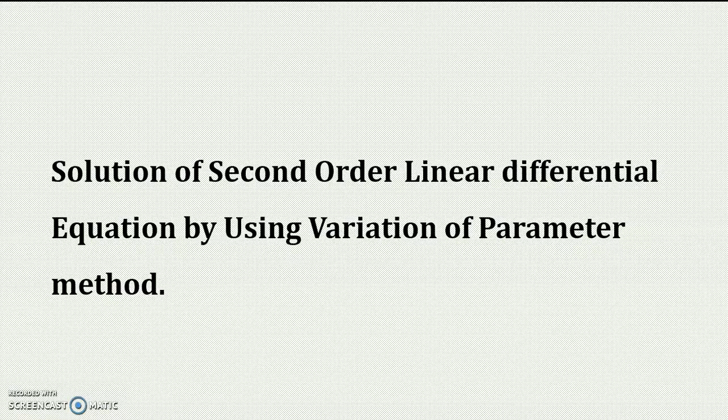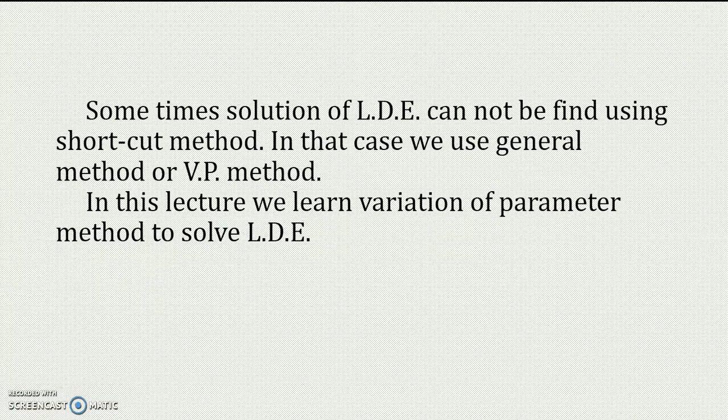Hello friends, today we learn how to determine the solution of a second order linear differential equation by using the variation of parameter method. We know that a solution of a linear differential equation can be determined by using three methods.